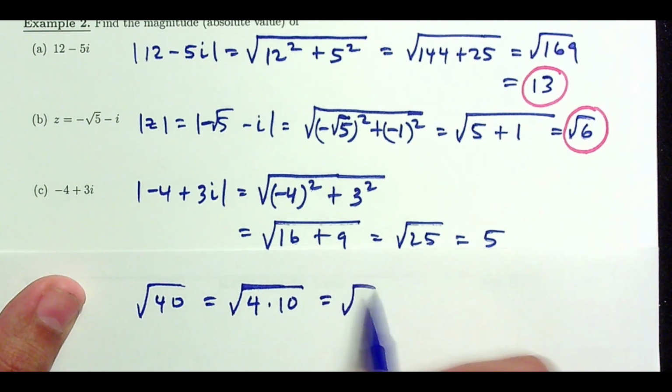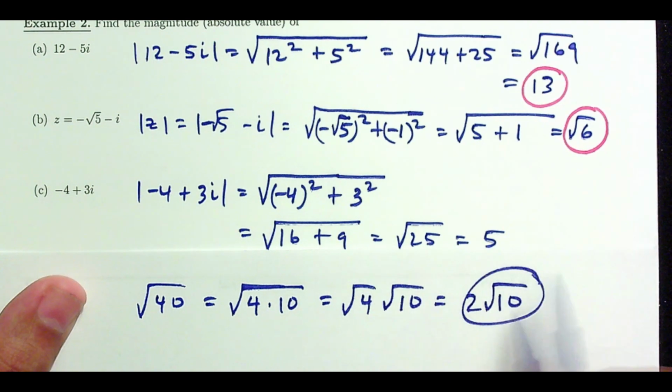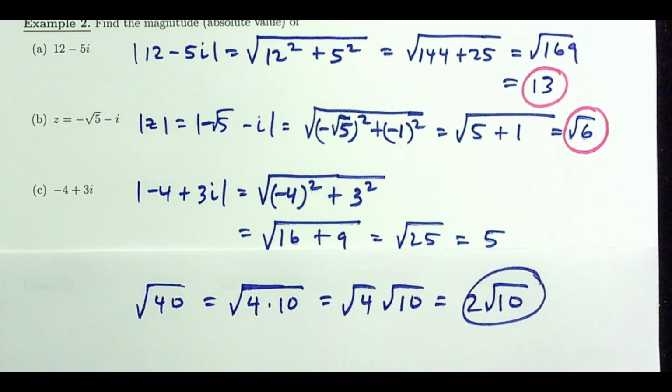So this is square root of 4 times square root of 10, so this is 2 square root of 10. And then 10, of course, cannot be broken down any further into the product of a non-trivial perfect square and a leftover factor, because it's just 2 and 5, neither of which is a perfect square.